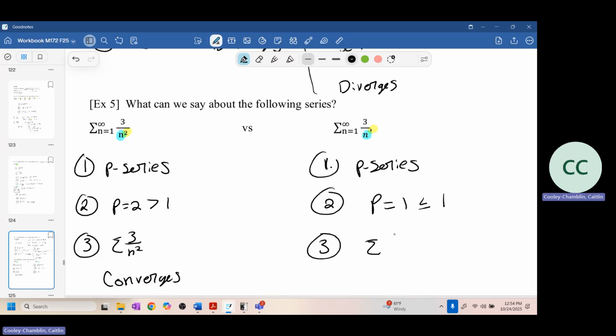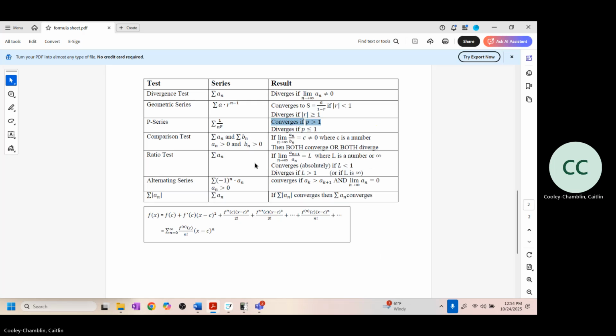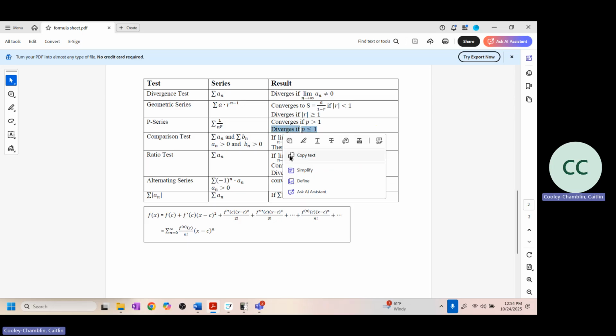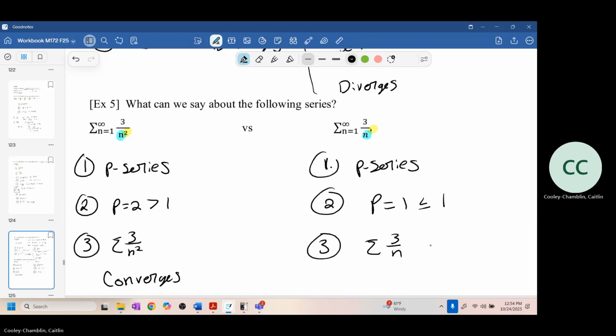So the summation of 3 over n, if I go back to my sheet, it's less than or equal to 1. It diverges. So 1 converges, 1 diverges.